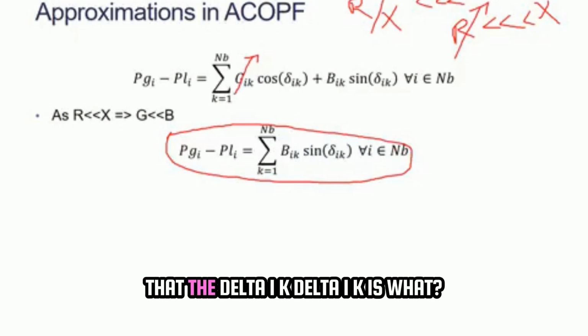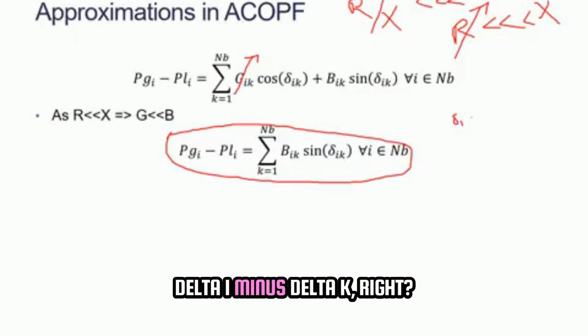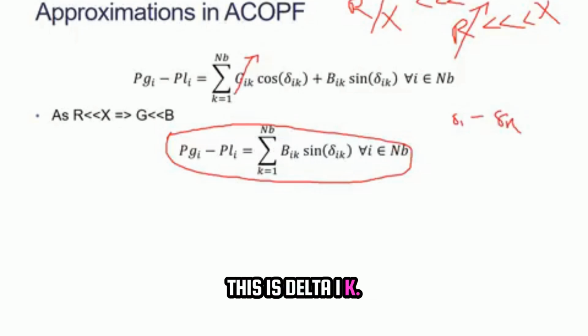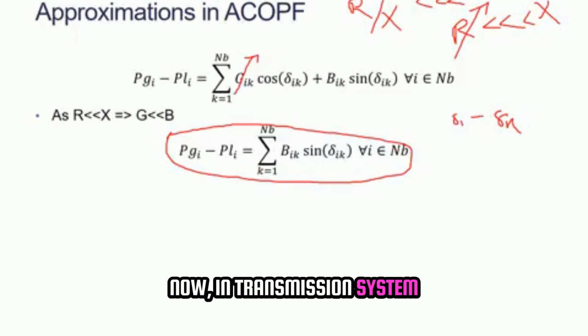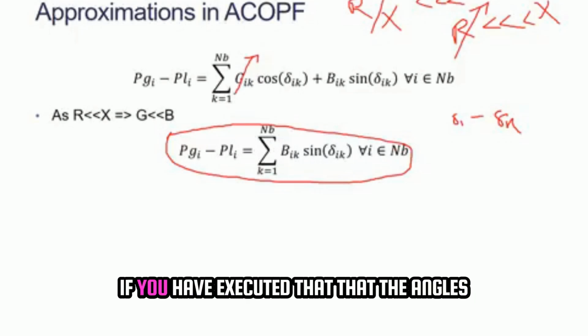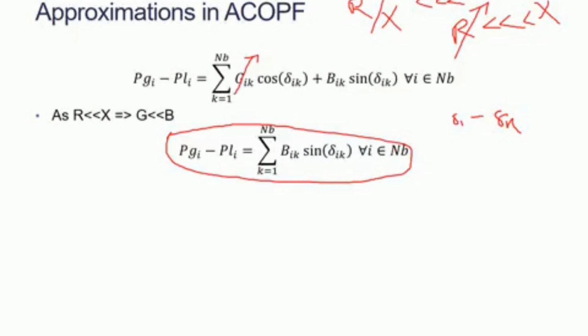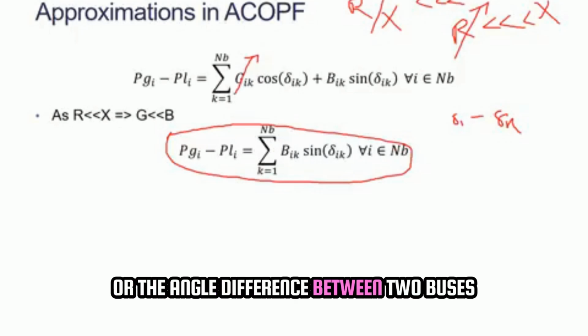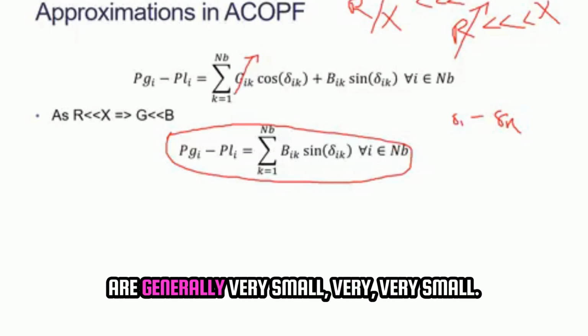Delta IK is delta I minus delta K. In a transmission system, you must have observed in power flows that the angle difference between two buses is generally very small.